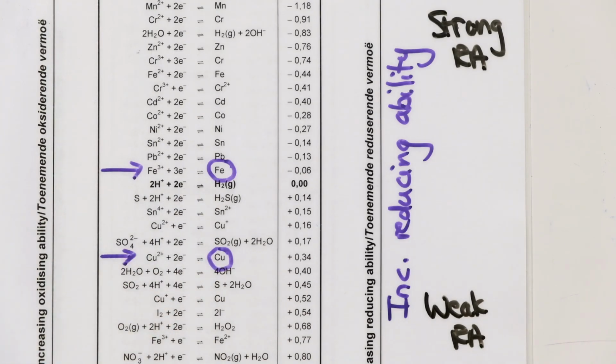The answer to explain the above observation by referring to the table of standard reduction potential: iron is a stronger reducing agent than copper, and iron will therefore be oxidized to form iron 3+ ions. Or you could say copper is a weaker reducing agent than iron, therefore copper will not be oxidized to copper 2+.